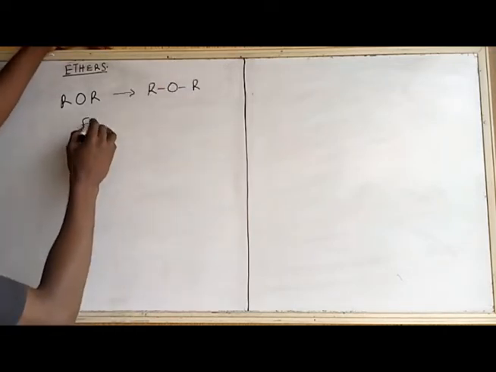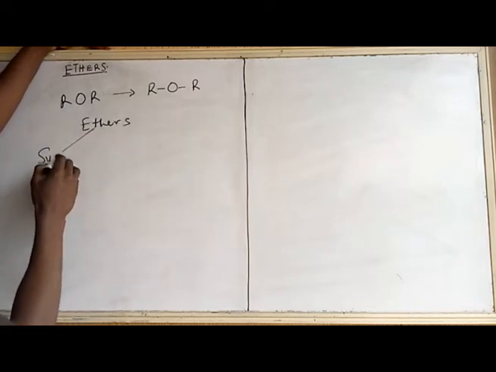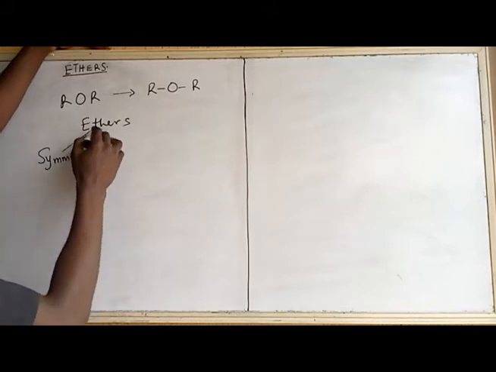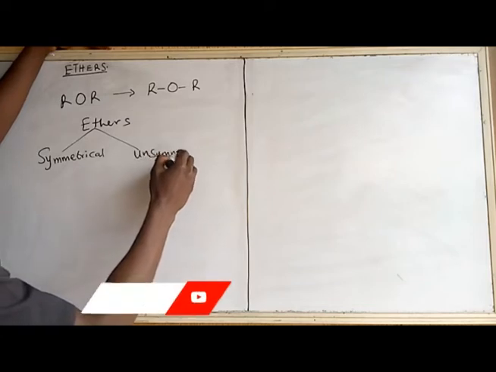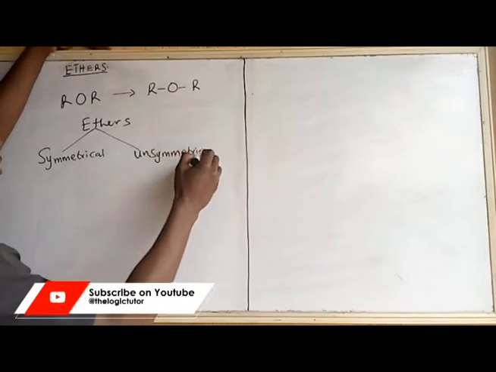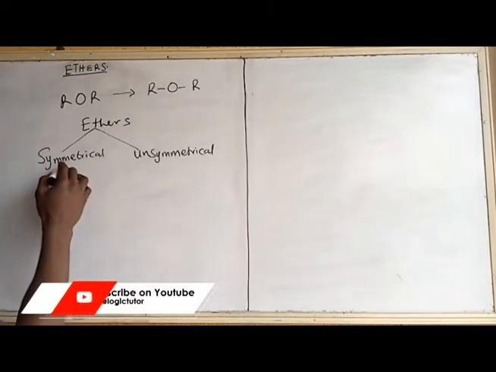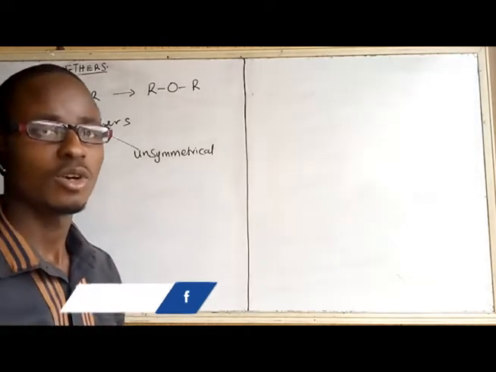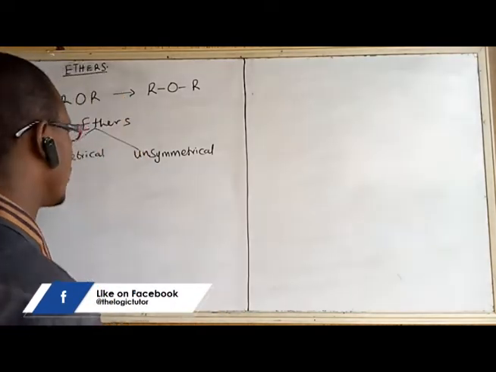Ethers are of two classes. We have the symmetrical and the unsymmetrical ethers. Symmetrical ethers are ethers that contain two identical organic radicals.